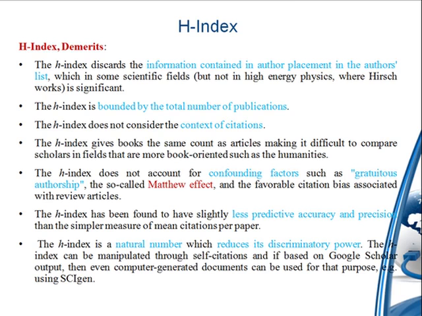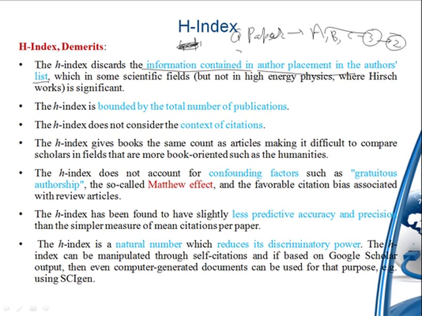Now, some other demerits of the H index are: the H index discards the information contained in author placement in the author list. Means whether the author is first author. For example, suppose you publish a paper and this paper contains authors A and B, 2 authors, or A, B and C, 3 authors, and this paper's citation is a total of 2.